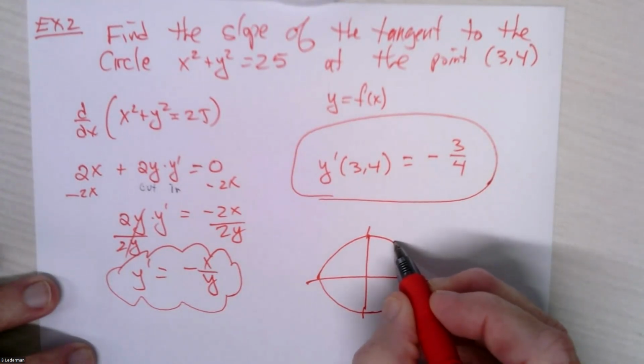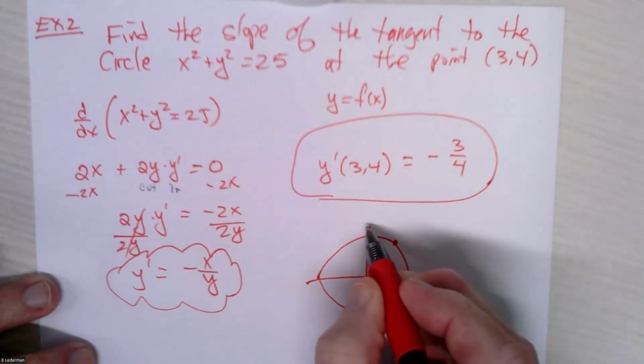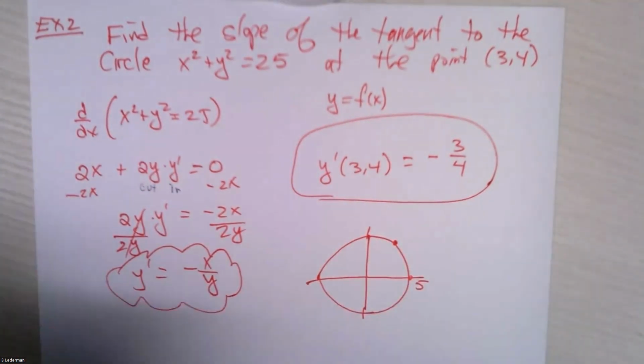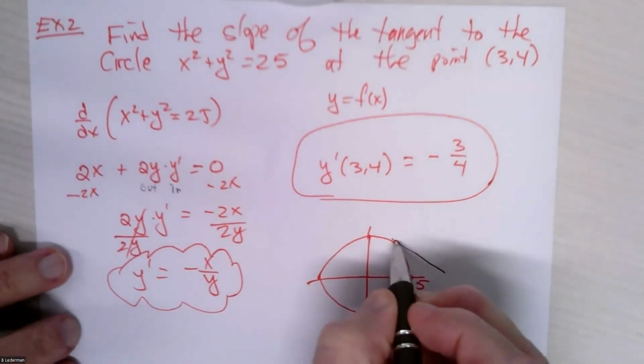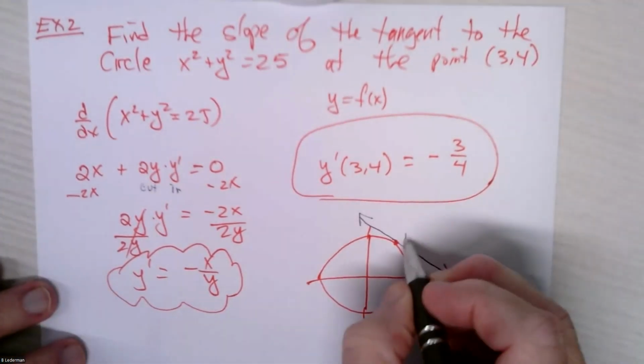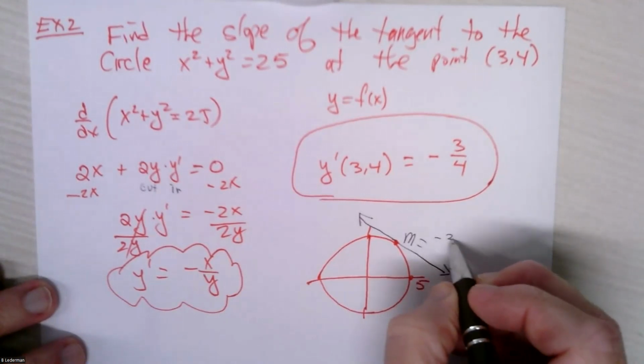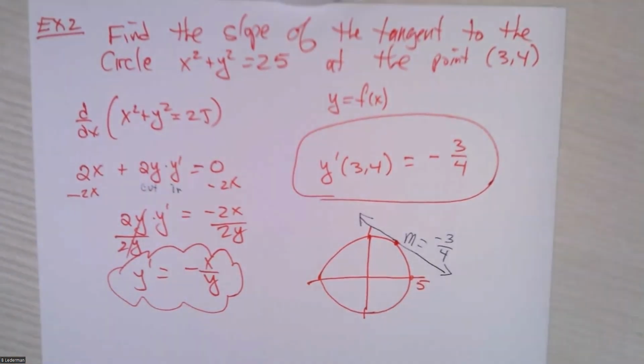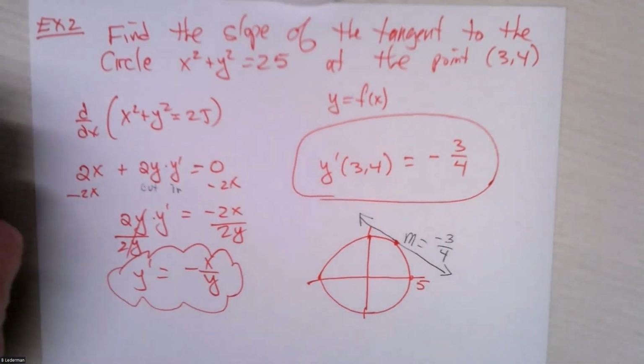So the slope of this tangent is negative 3/4, and that actually makes sense, because the line is going down. So it worked out beautifully. That was a great example.